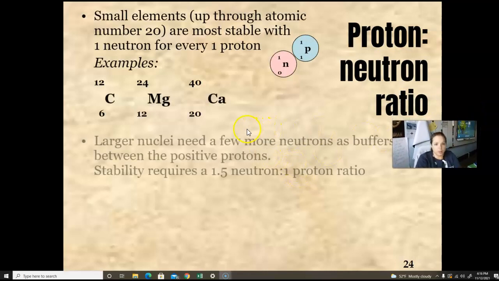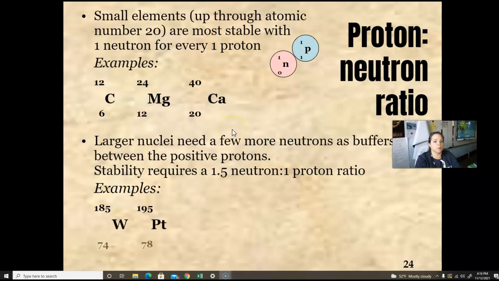So small elements up through the atomic number 20 are most stable with 1 to 1, right? So this is perfect, this is perfect, this is perfect. That's where they want to be. They're very, very stable. Larger nuclei need a few more neutrons as a buffer between the positive protons. So it requires 1.5 neutrons to 1 proton.